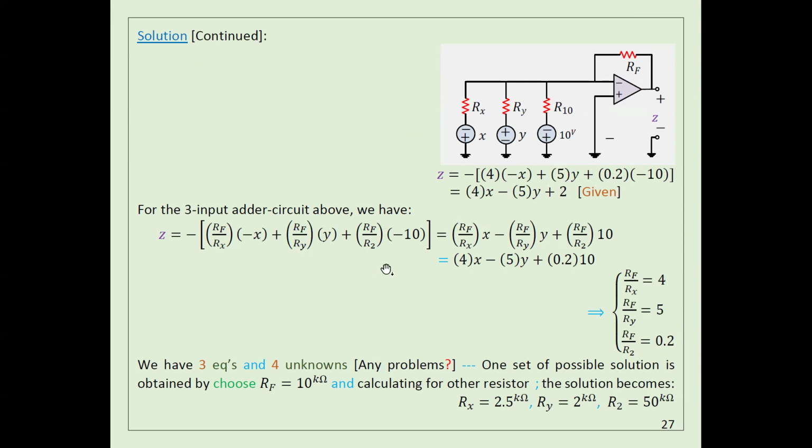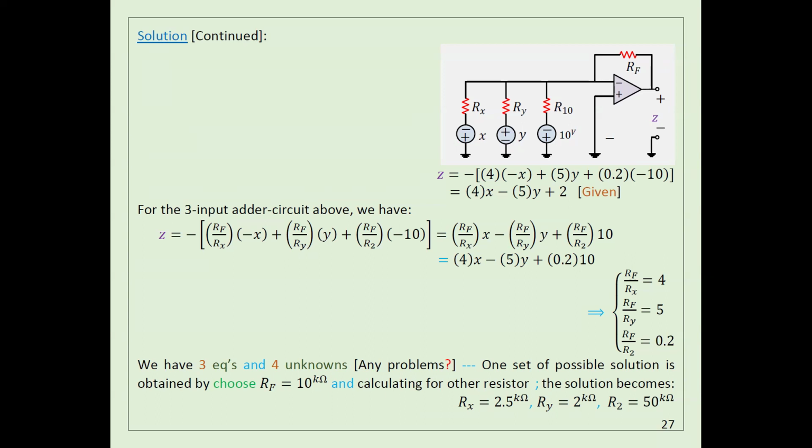Okay, RF divided by R2 equals 0.2. Okay, now I have 3 equations this way. I can select any value for the resistors as long as you achieve this. My advice, because RF is common for all of them, is to start with RF, and then once you put some value for RF, you can calculate all of them.